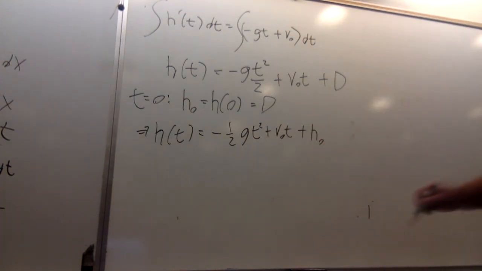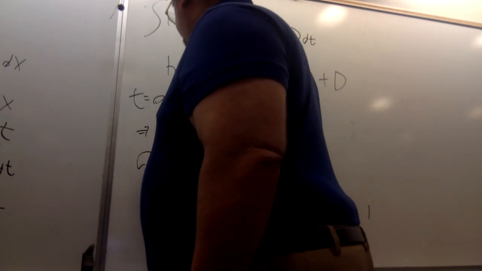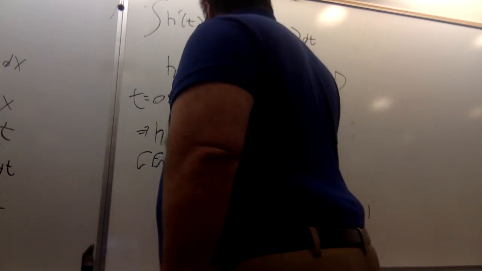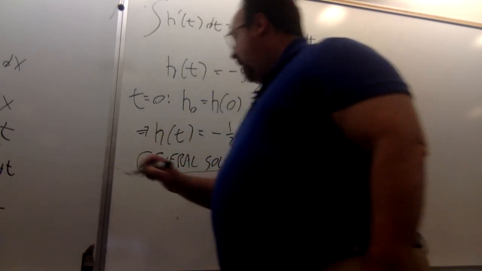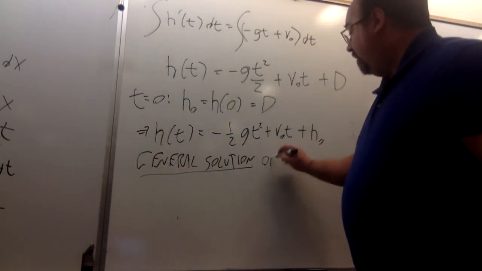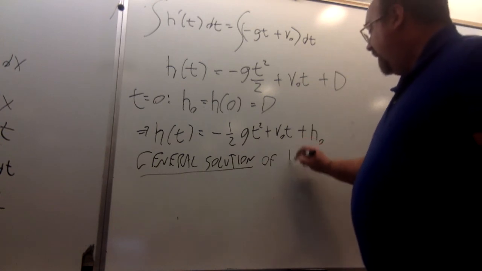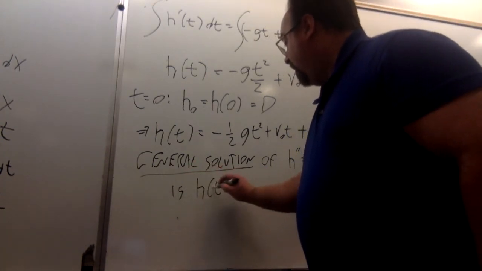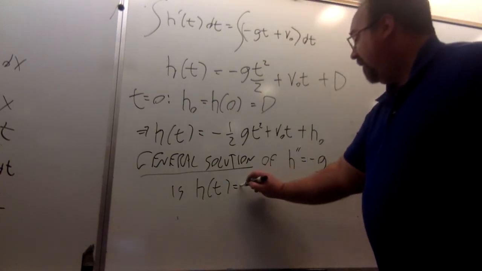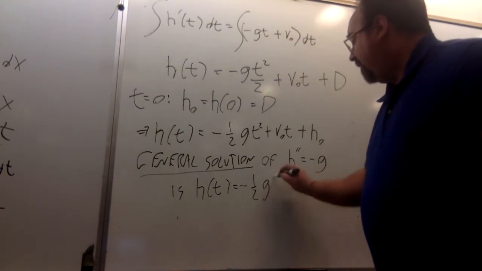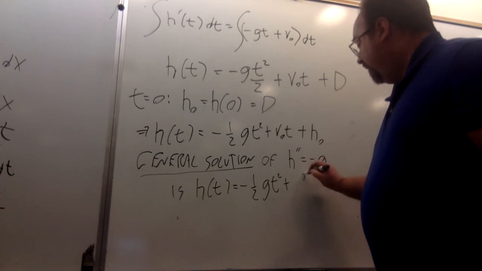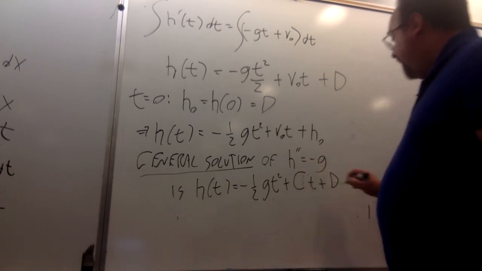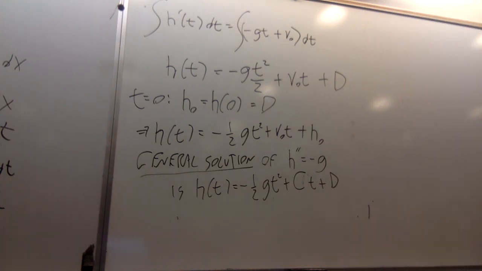For instance, I can say that the general solution, which we'll see again and again this semester, of the DE that we started with, h double prime equals minus g, is the following. So h of t is equal to minus 1/2 g t squared plus c t plus d, where c and d can be any constants.